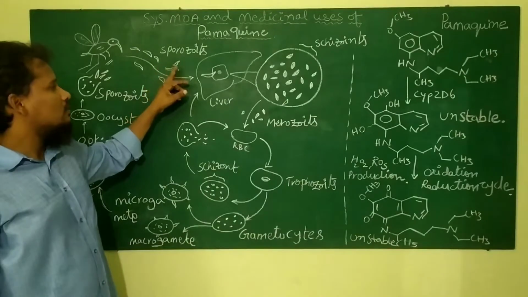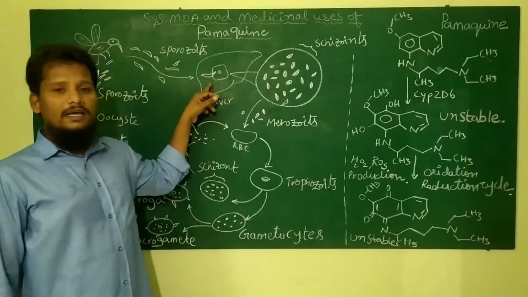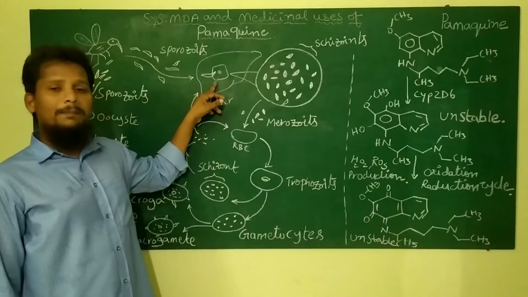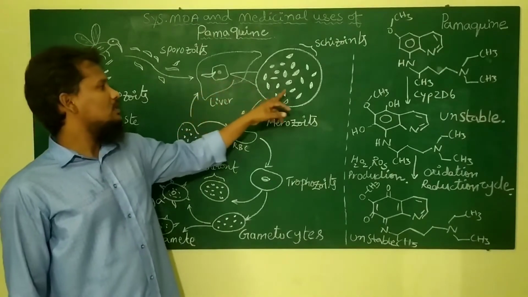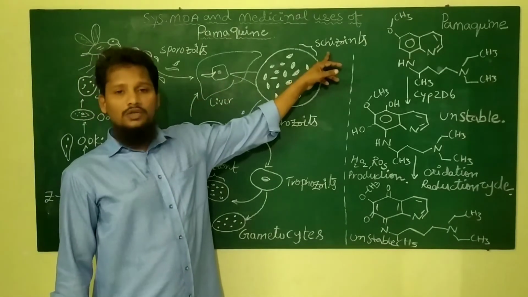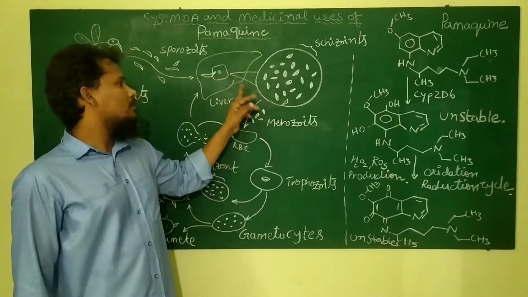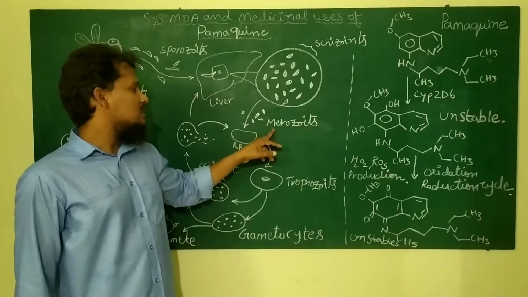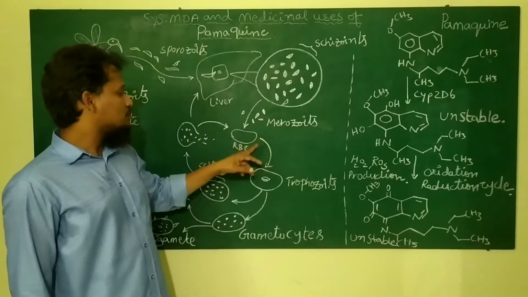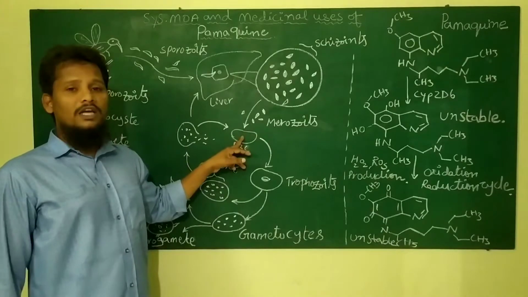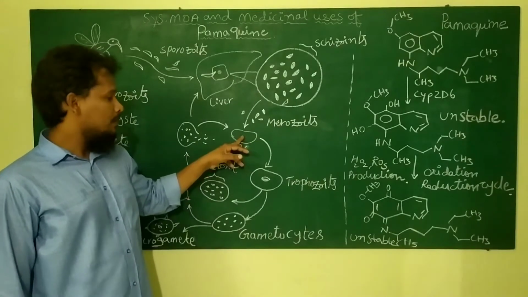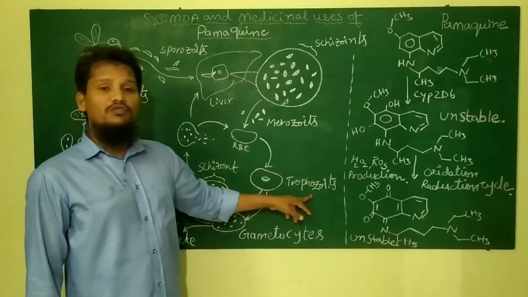Those sporozoites enter into the liver and then into the hepatic cells. In the hepatic cells, they develop schizonts. Now the schizonts, upon the rupture of the hepatic cells, release merozoites. Now these merozoites infect a fresh RBC, red blood cell, and then develop into trophozoites.